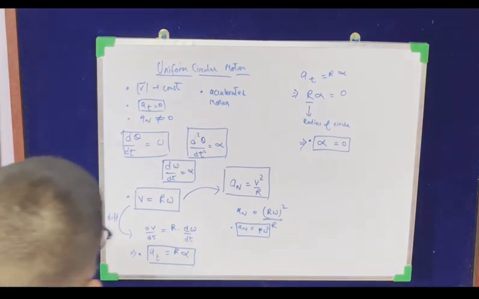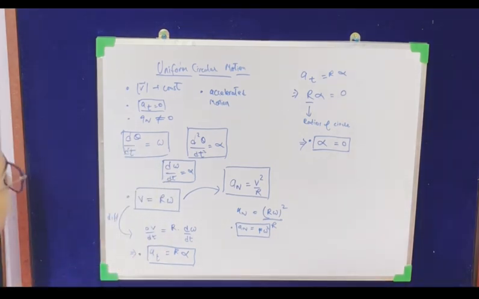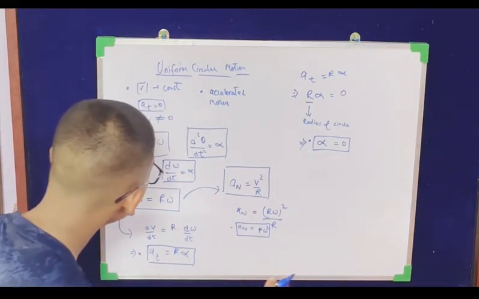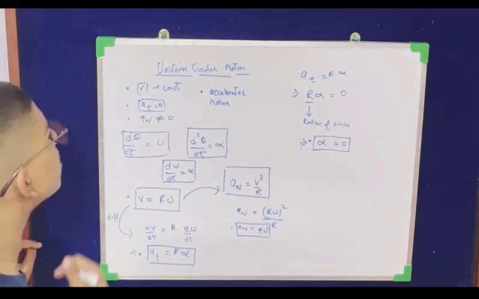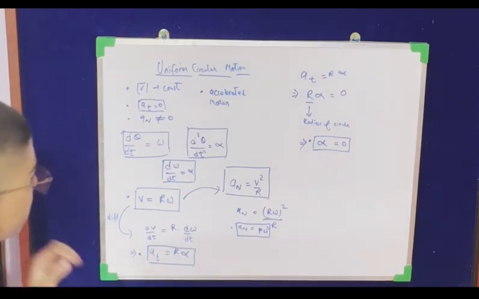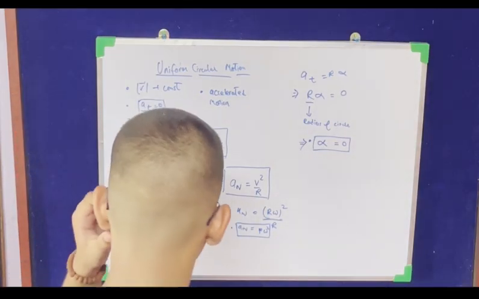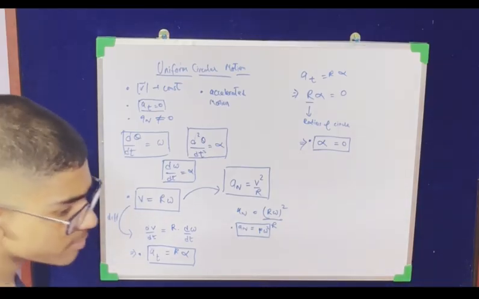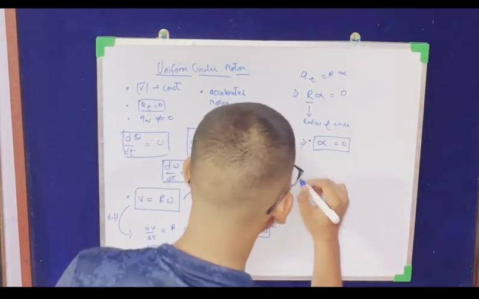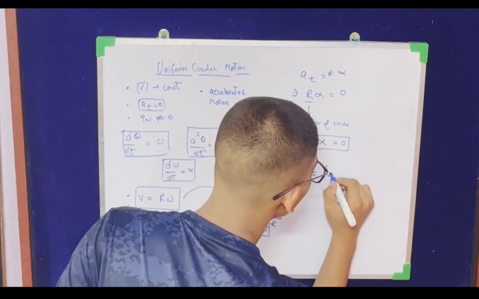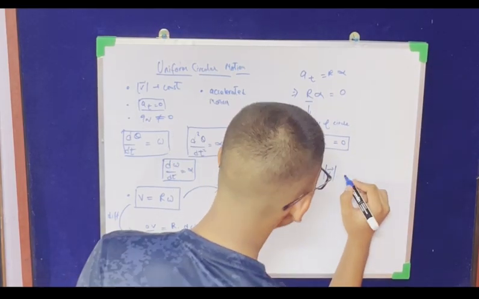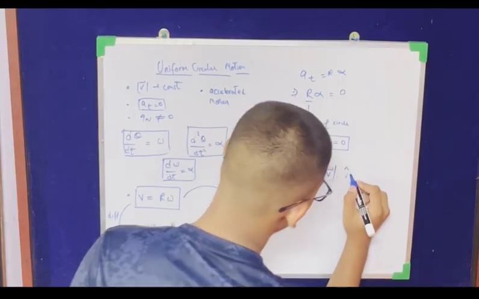So what are the things we have discussed? We have discussed that the magnitude of velocity, which is speed, remains constant. The tangential acceleration is equal to 0. The normal acceleration is not equal to 0 because the direction is changing. It is an accelerated motion because direction is changing, and velocity is the multiplication of the magnitude of velocity, that is speed, into the direction of velocity.